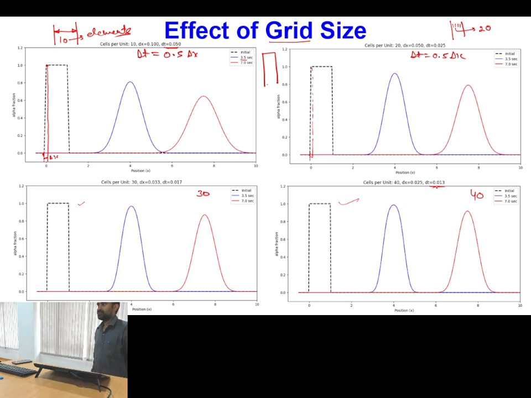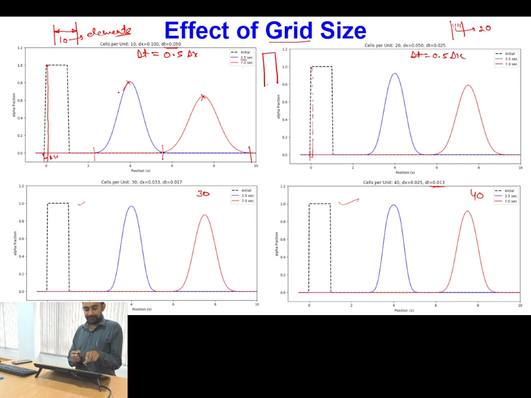Now you can observe that when my cell size is large, at the times 3.5 and 7, the spread at 3.5 is slightly less than the spread at 7, whereas the peak value is decreasing.